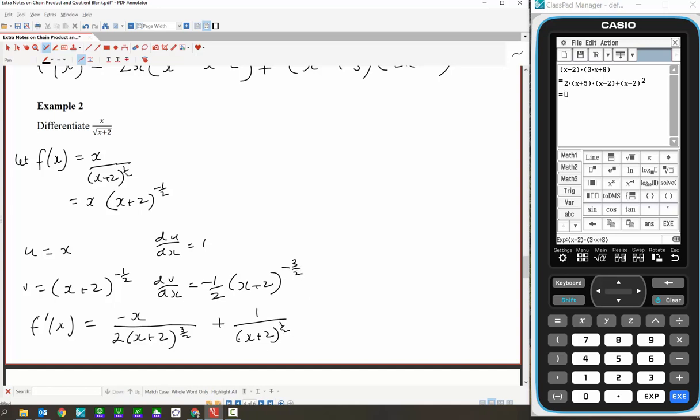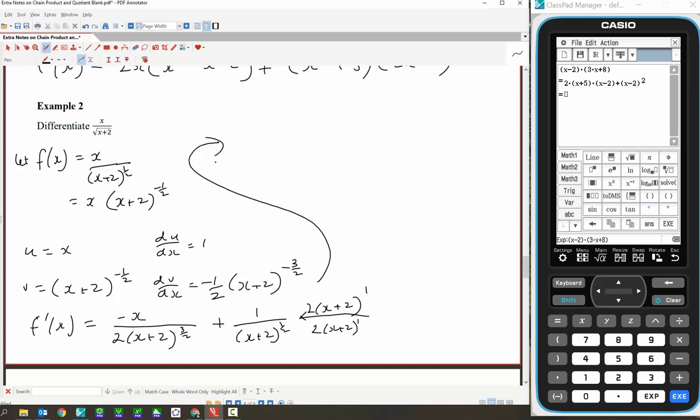Now what else could be done with this? Well, one thing that could happen is this gets multiplied by 2x plus 2 to the 1 over 2x plus 2 to the 1. Now, why am I doing that? Well, what that will do is we've got this multiplied together, so we've got common base, we need to add the powers, so that'll become 3 on 2, i.e. what I've just found is a common denominator.